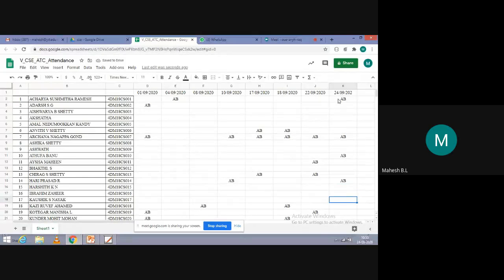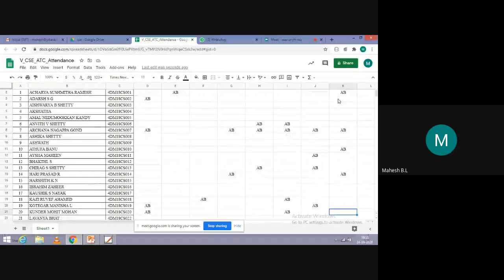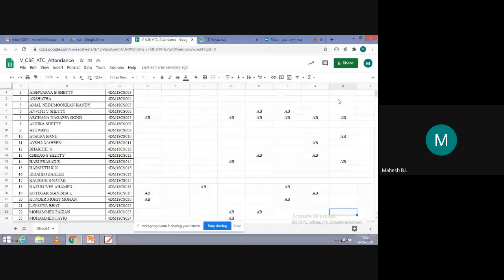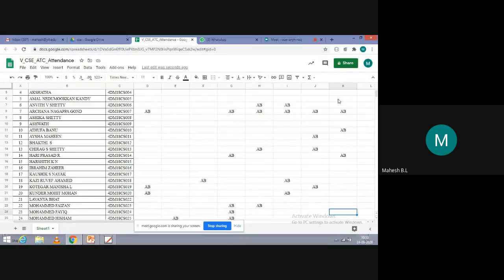Ibrahim, Present, sir. Kaushik, Present, sir. Manisha, Present, sir. Mohit, Present, sir. Lavanya, Present, sir.